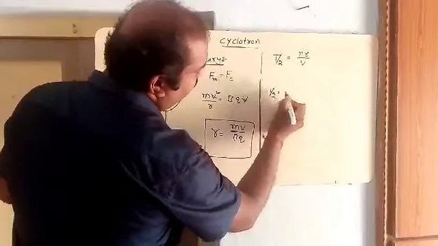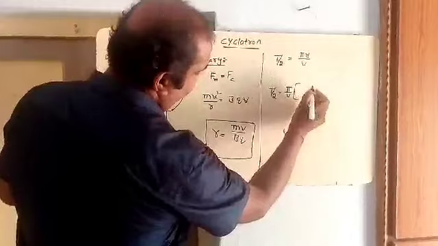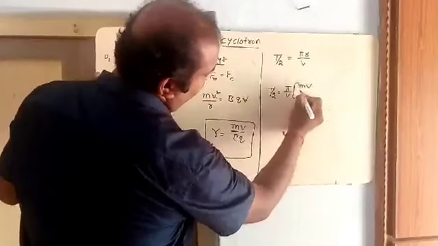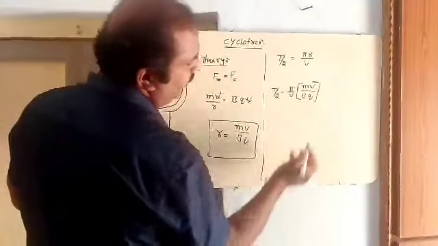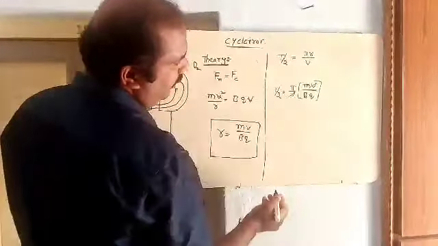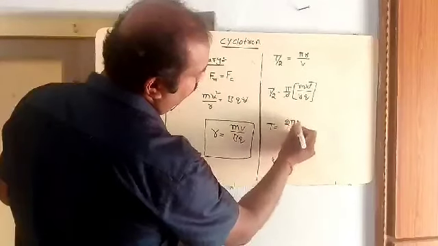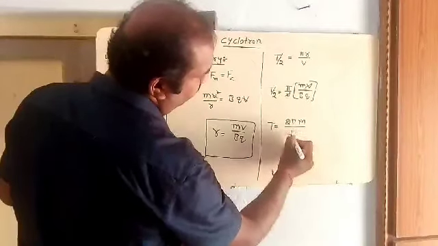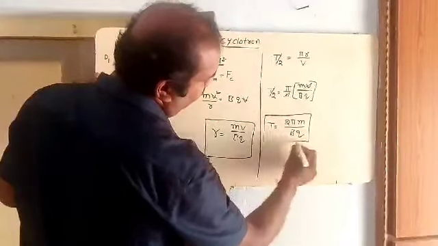T by 2 is equal to pi by v into r value mv by bq. We cancel, and finally T is equal to 2 pi m by bq.